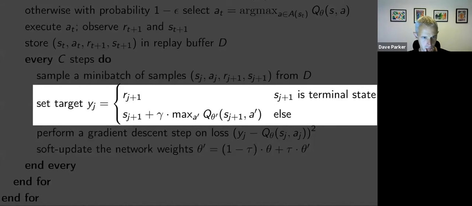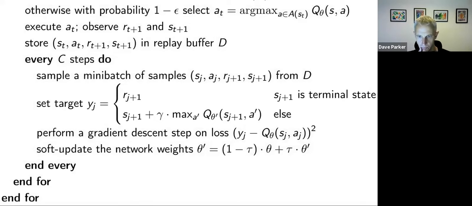The loss between the target, which is the observed reward and our approximation of the Q value for the next state, and our current estimation of the actual Q value. With that loss, we can perform a gradient descent step to minimize the difference between the observation and the approximation of our Q values.